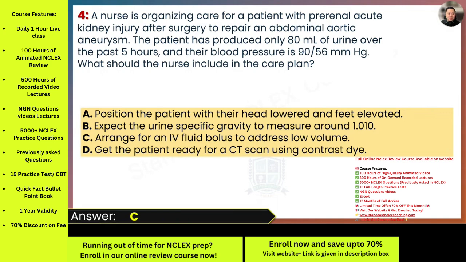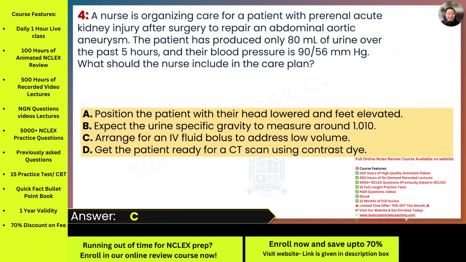Now, in this scenario, we're dealing with a patient who is experiencing pre-renal acute kidney injury after they had AAA surgery. So the nurse here needs to prioritize care that will address the underlying cause of the acute kidney injury, which is typically a result of the hypoperfusion or the low blood volume.